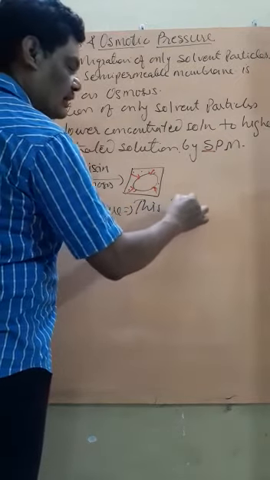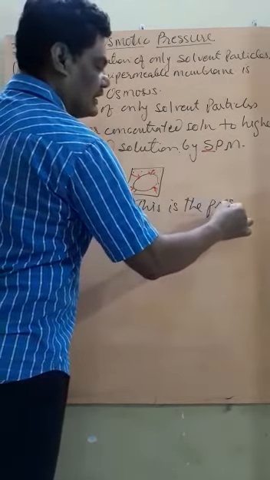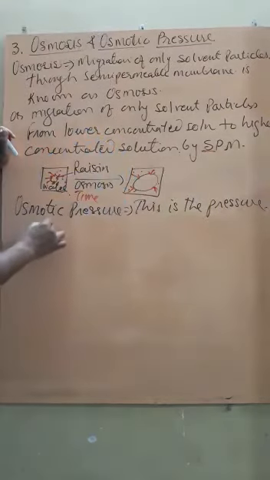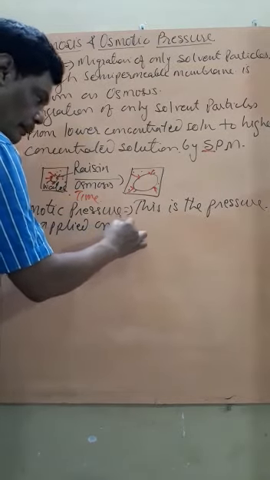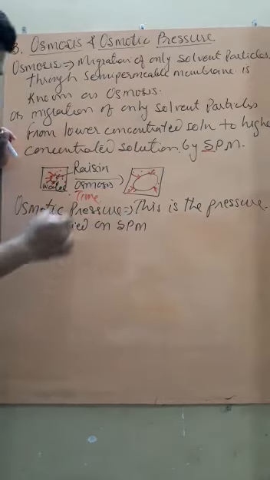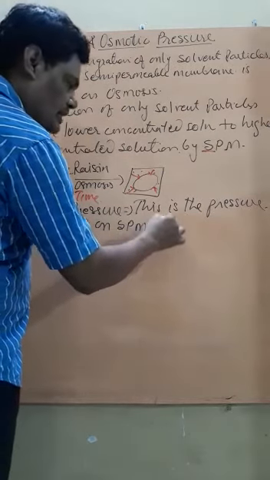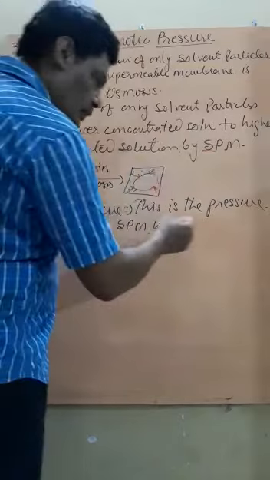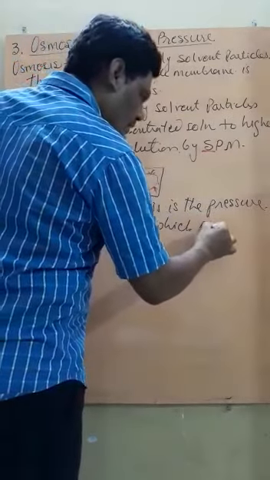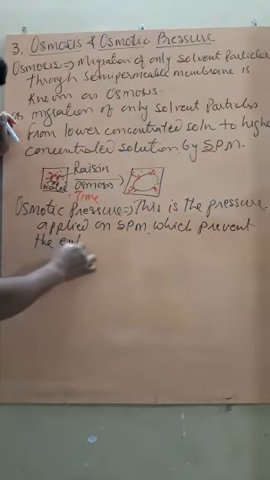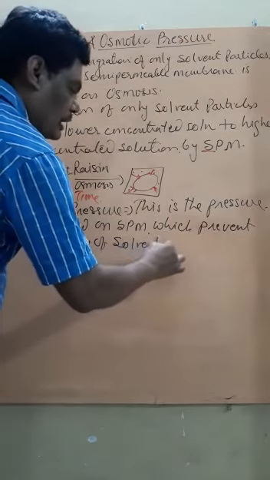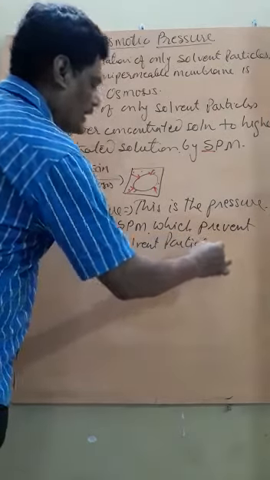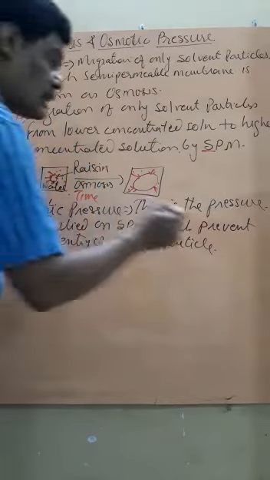This is the pressure applied on the semi-permeable membrane which prevents the entry of solvent particles. That means this is the opposite pressure applied.